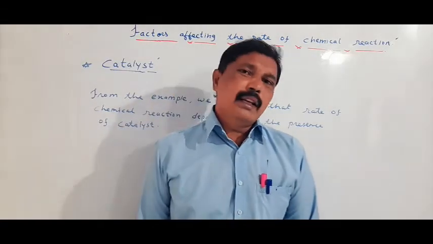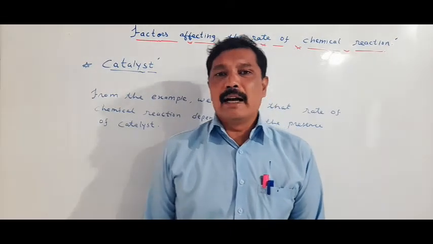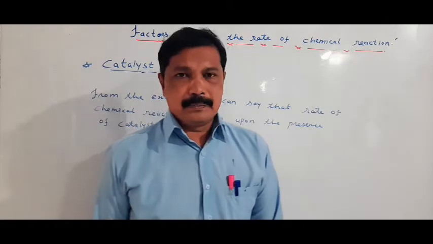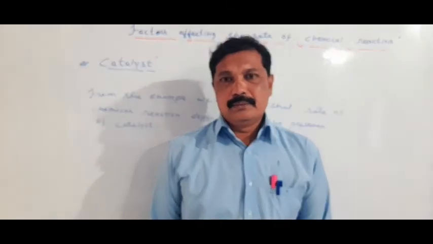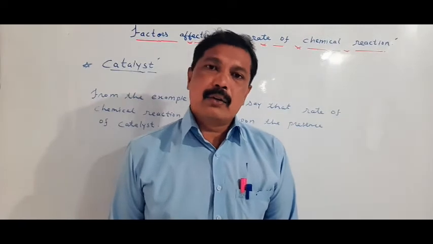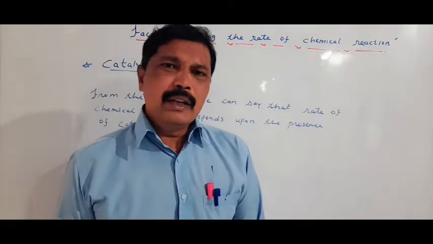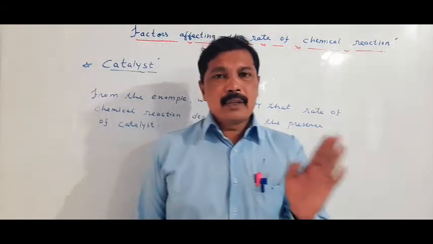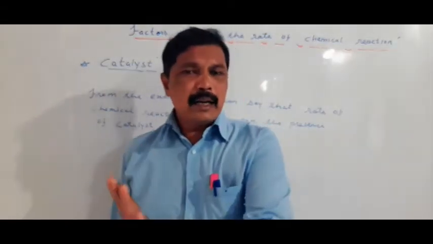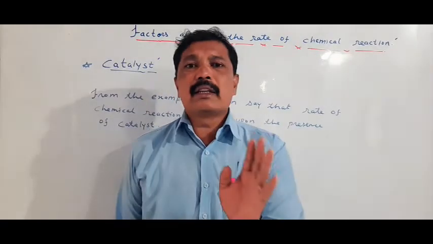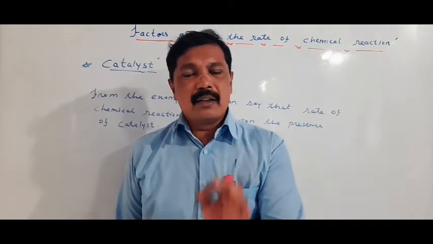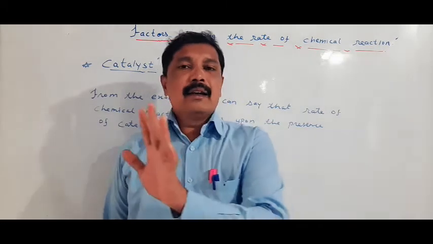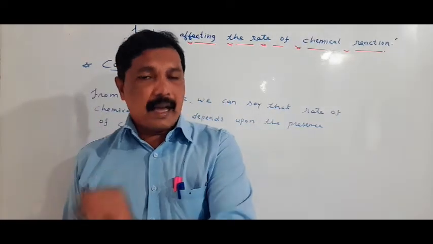If we study both the reactions, we come to a conclusion that concentrated hydrochloric acid reacts faster than dilute hydrochloric acid. In both the reactions, we got calcium chloride, water, and carbon dioxide gas.